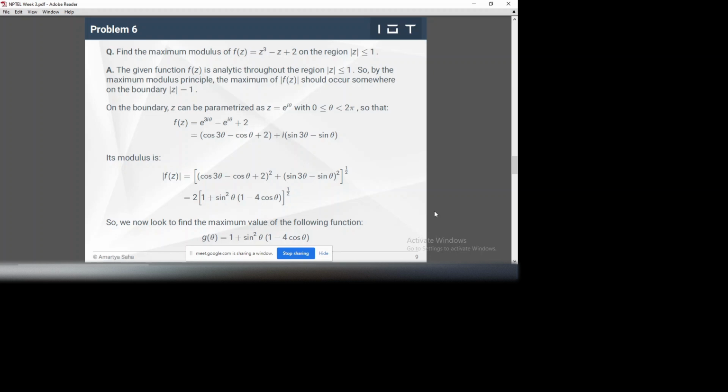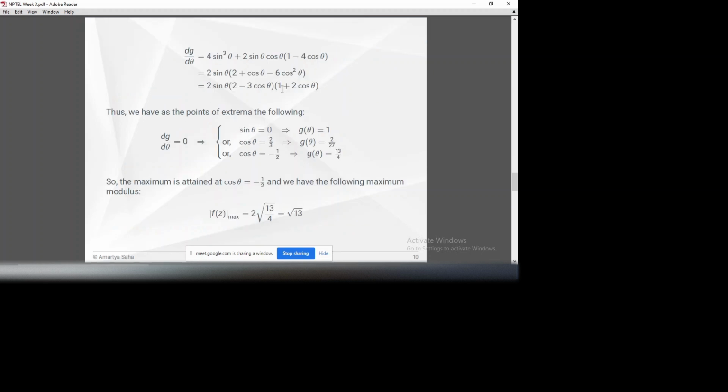We take the first derivative with respect to θ, and easily that can be found to be this one. Then I have taken a factor of 2 sin θ out. That leaves us with 2 plus cos θ minus 6 cos squared θ.